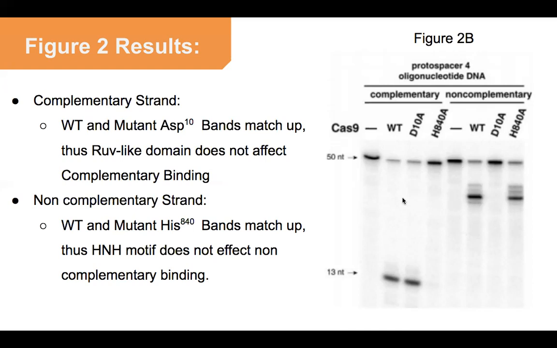Whereas the wild type down here at about 40 to 43 nucleotides matches up very nicely with the HNH mutant. So when the HNH motif is mutated, the Cas9 protein is still able to carry out its job, which would indicate that the mutation here had no effect on it. And therefore, the researchers did conclude that the endonuclease on the non-complementary strand is dictated by the RuvC-like domain.